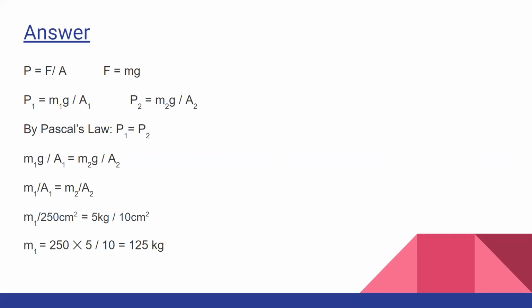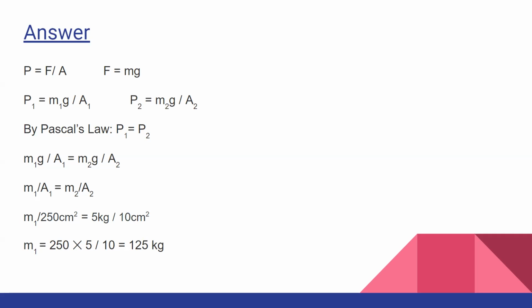So if we substitute F is equal to mg into the P equals F over A equation, we get P1 is equal to M1G over A1 for the first piston, and P2 is equal to M2G over A2 for the second one.